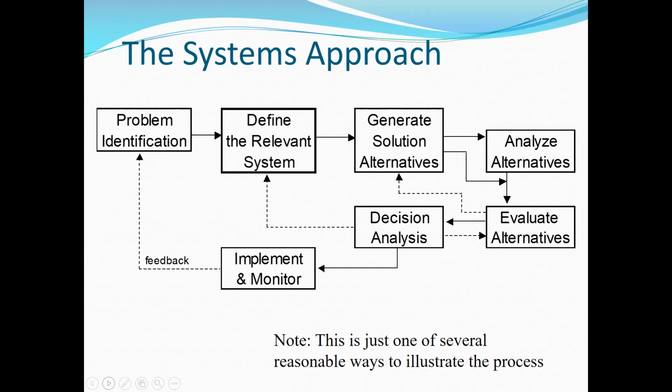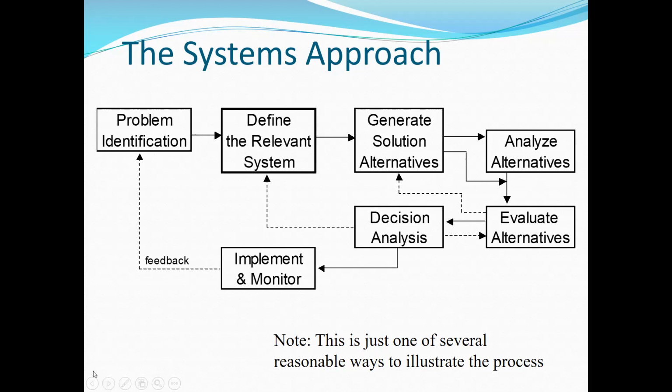So, evaluation of alternatives: if you have one criterion and no risks or uncertainty to consider, then evaluation of alternatives sort of is the decision analysis. The decision analysis step in that scenario becomes somewhat trivial.